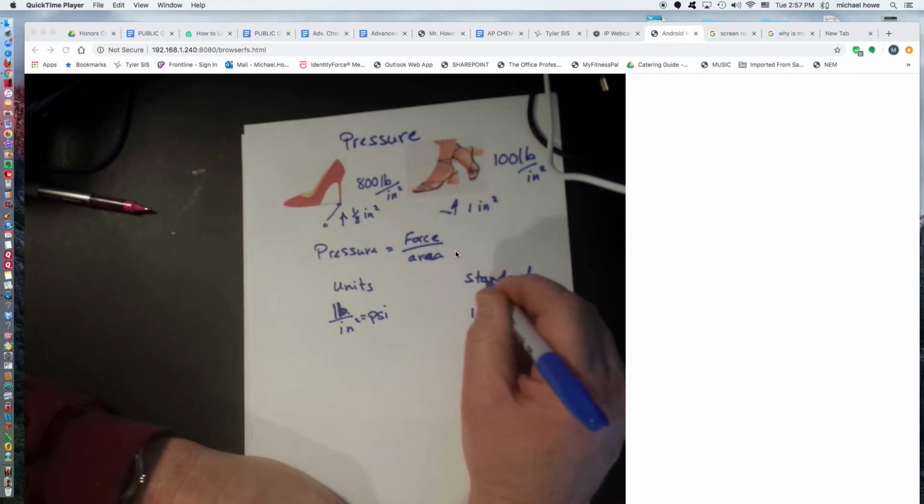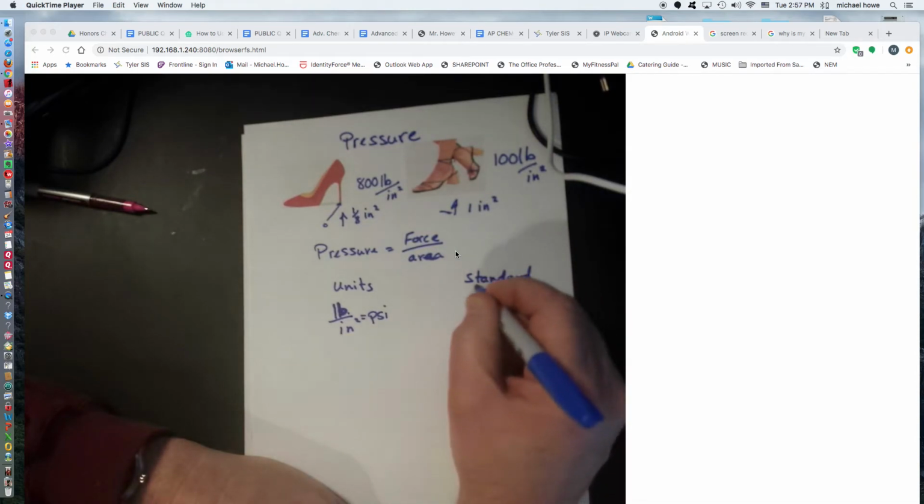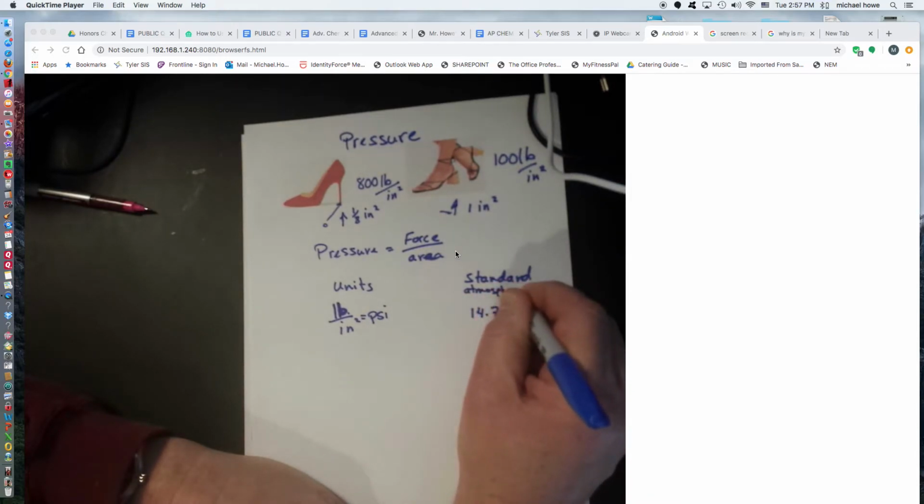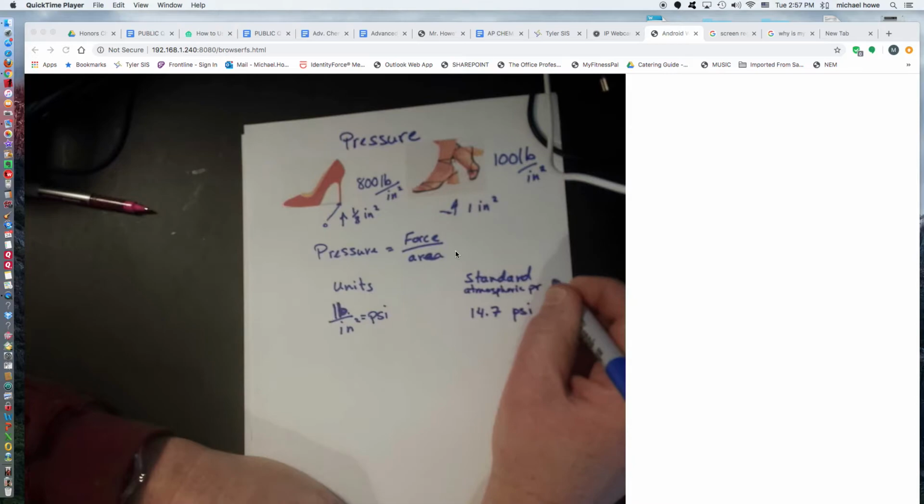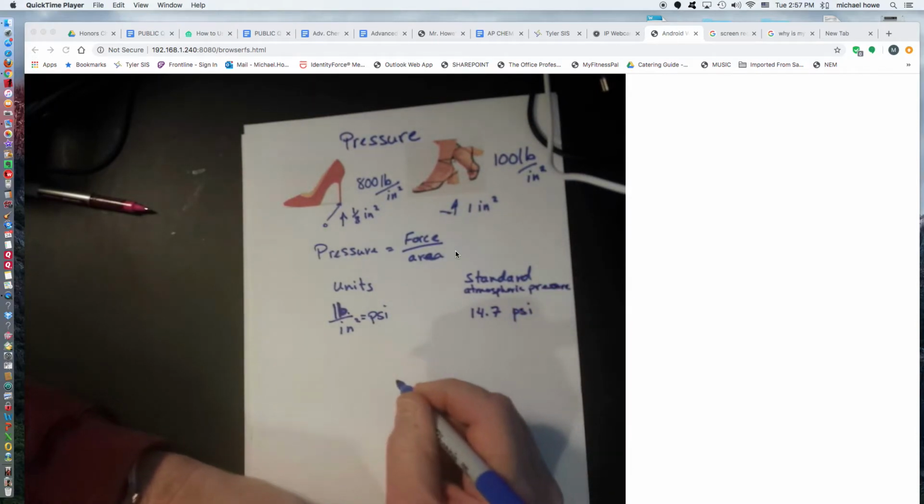Maybe I should define this. When I say standard, I mean standard atmospheric. In other words, the pressure exerted by the air around us.